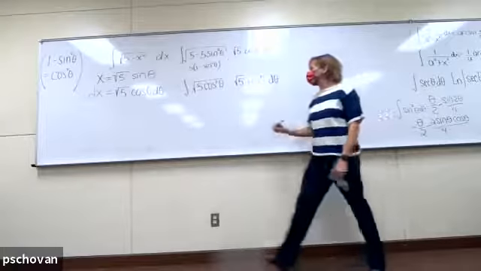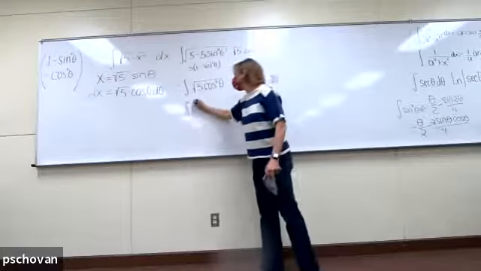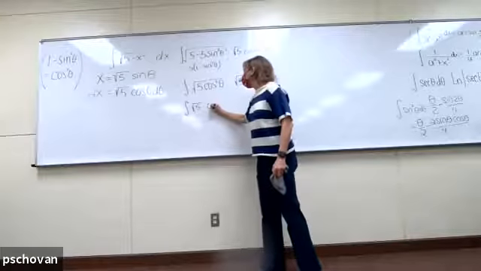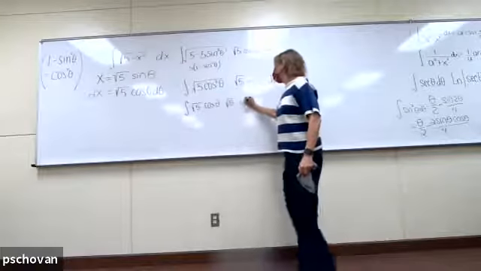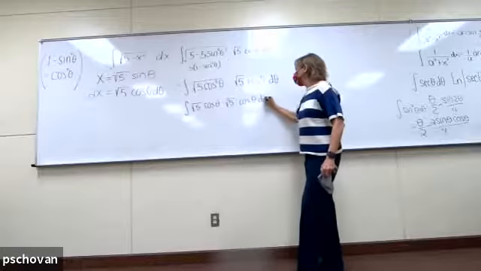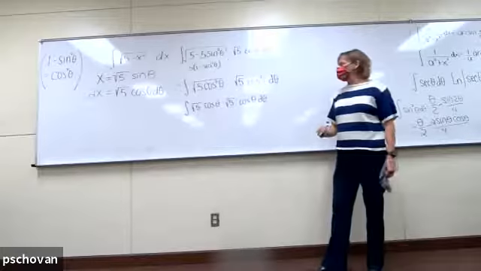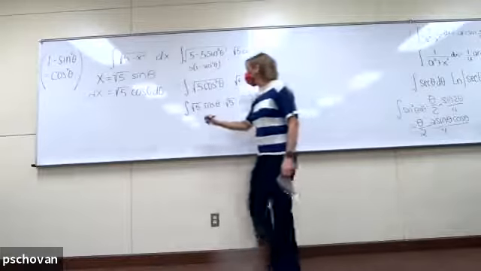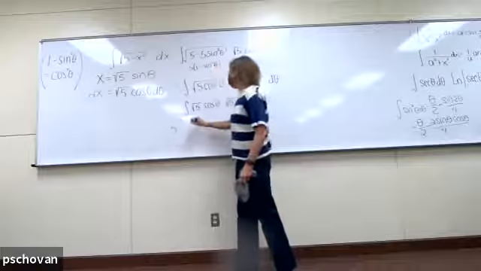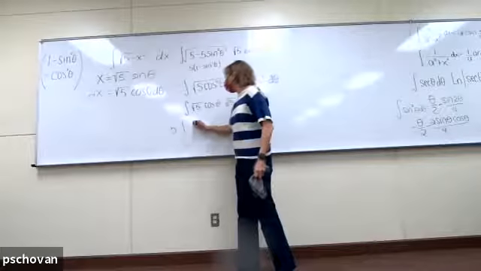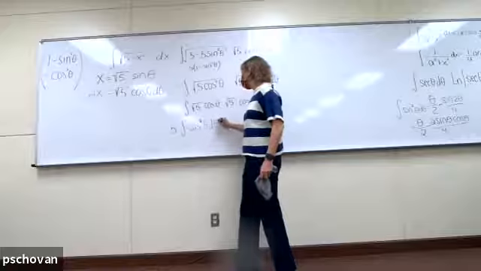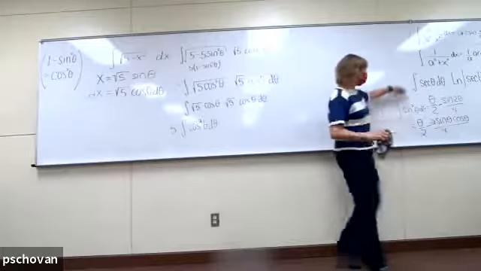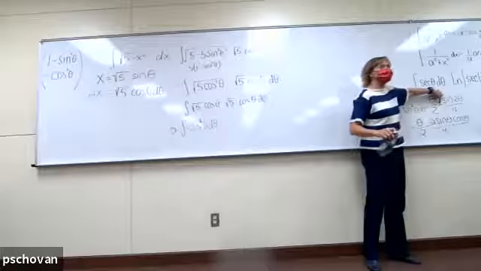That gives me another factor of the square root of 5 times the cosine of theta. So I can multiply the two square roots of 5 together and put a 5 out front. And then we're integrating cosine squared of theta. That formula looks just like this one, but it has a plus in the middle.